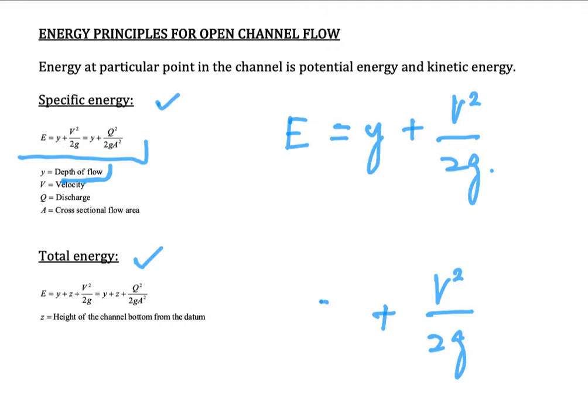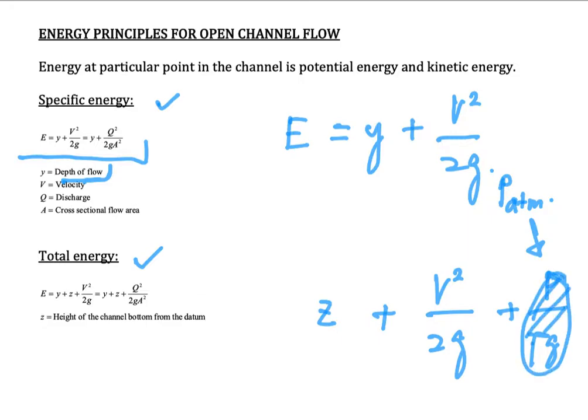So maybe it is equal to Z in the Bernoulli equation. We don't have the term P over rho g because the pressure here is always P atm. We assume that P atm is 0 because the calculation is based on gauge pressure, so the pressure term can be eliminated.